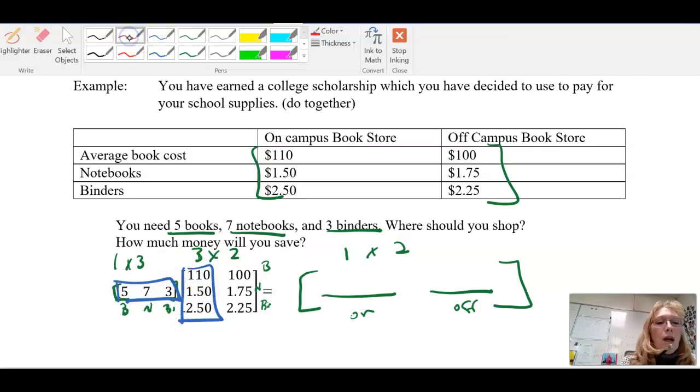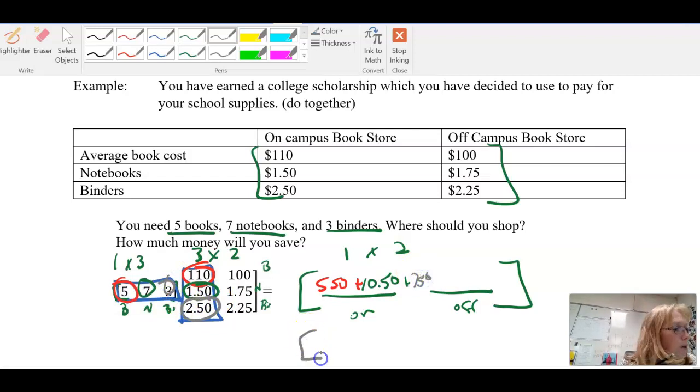So 5 times 110, which is 550, plus 7 times 150, which is 1050, if I did my calculations right, plus 3 times 250, which is 750.